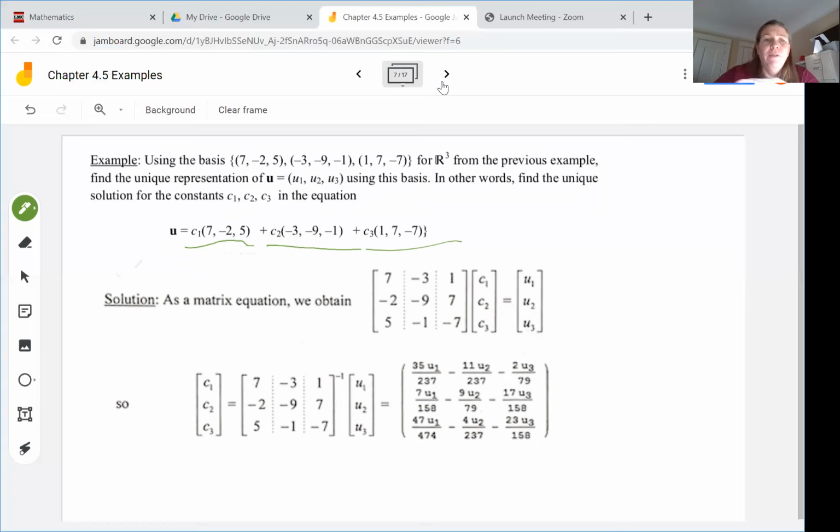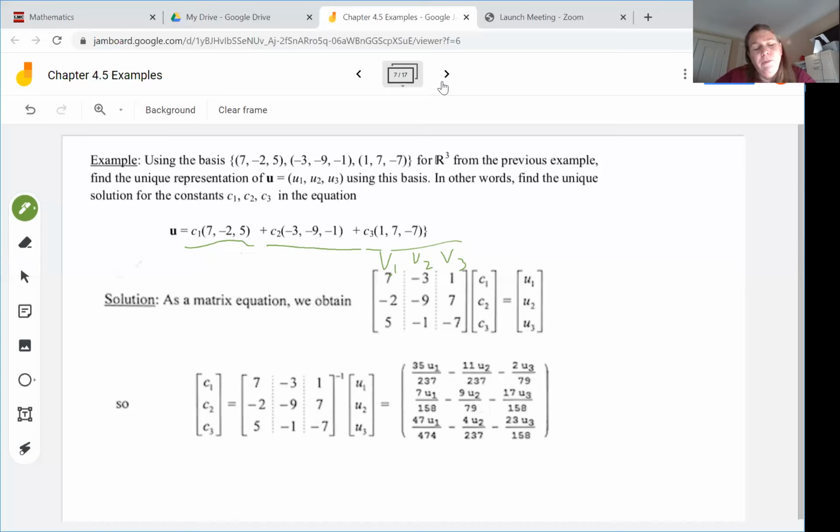We'll call the vectors v1, v2, and v3, forming our coefficient matrix, multiplied by these scalars c1, c2, c3, to give us our unique representation, u1, u2, u3, that comprise vector u.